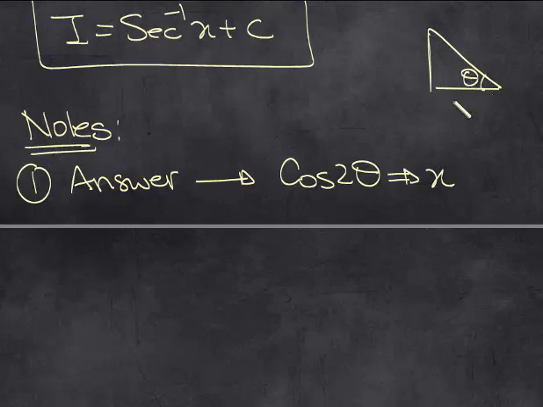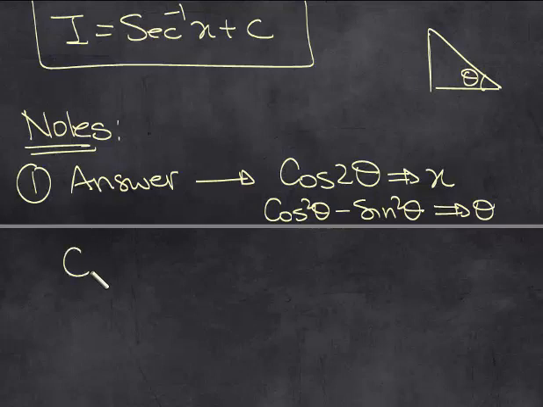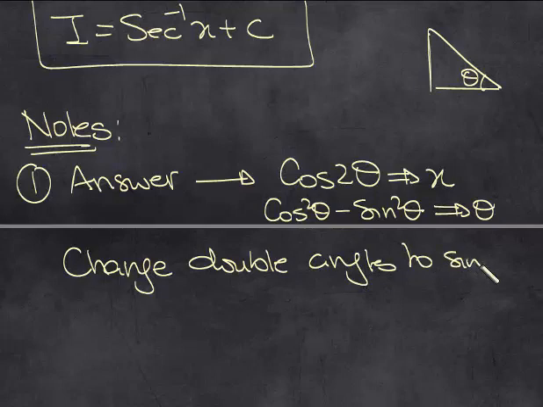Change double angles to single angles using trig identities before using a right triangle to change back to x.